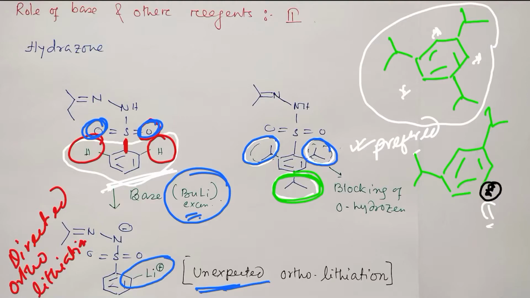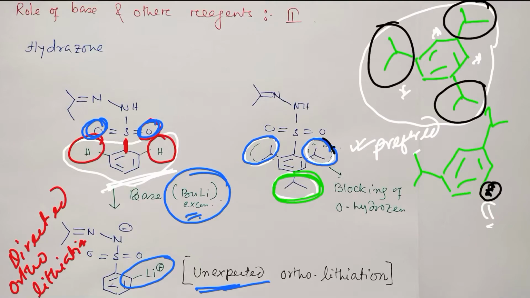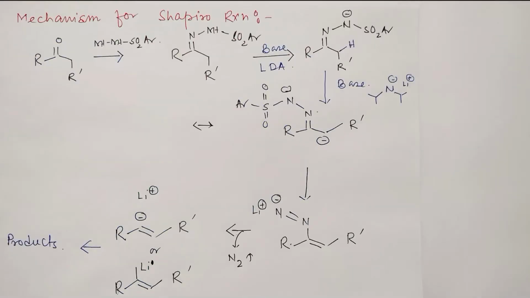So that is the reason why we use this tri-substituted one. Okay, so fine, actually the selectivity is directed by these 2 ortho isopropyl groups. Now let's discuss the mechanism of this Shapiro reaction.